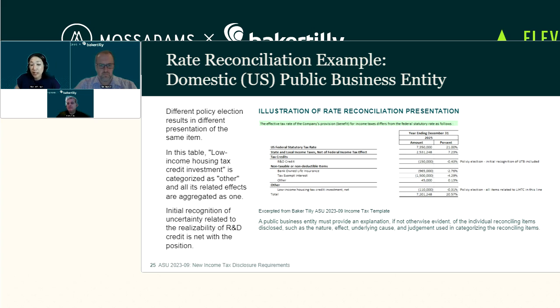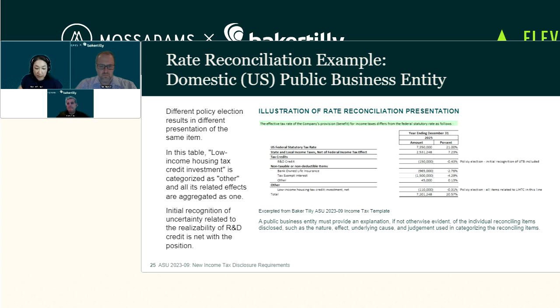And then you're going to need to think about, okay, what would tell the best story that our company has? But I also wanted to mention that if it's not otherwise evident, you're going to have to add additional disclosures and talk about what's comprising that one line item potentially.